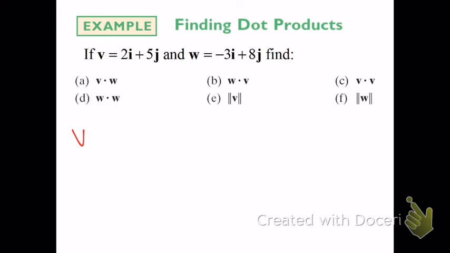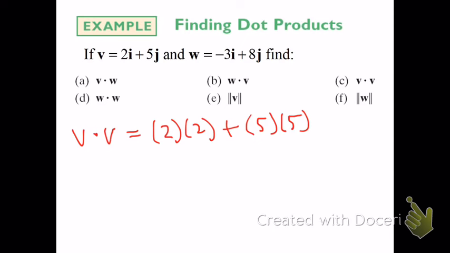Okay, so v dot v. It's just going to be the horizontal component of v times the horizontal component of v, and we're going to add the product of the vertical components of v, which is 5 and 5. And so the dot product of a vector with itself is just the square of the horizontal component plus the square of the vertical component, isn't it?